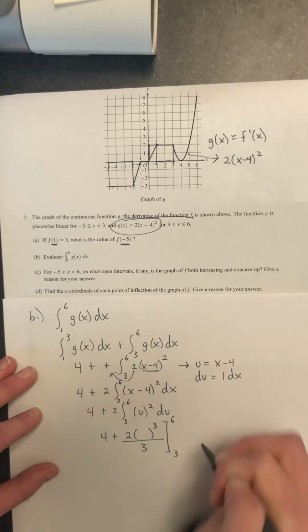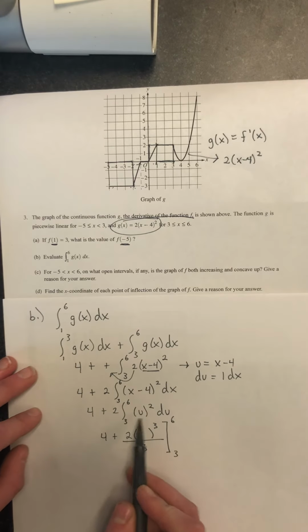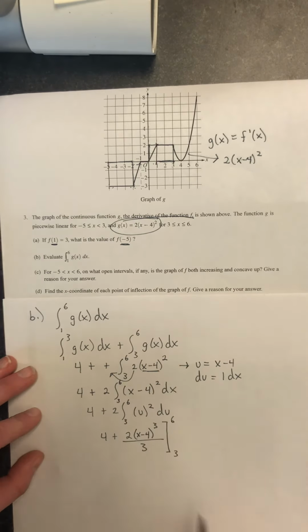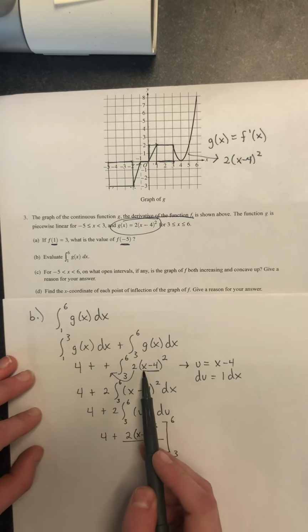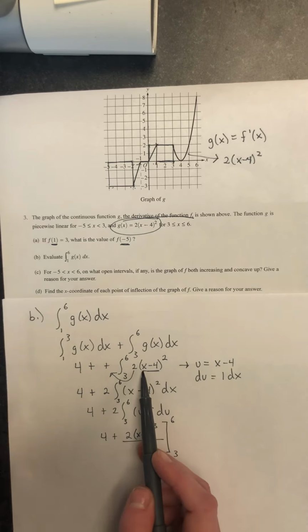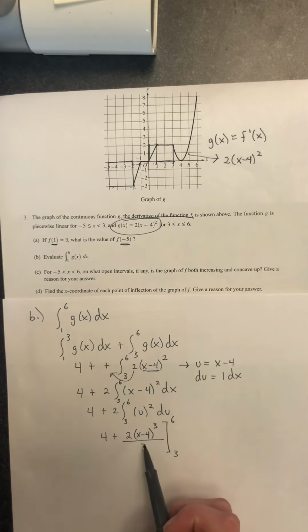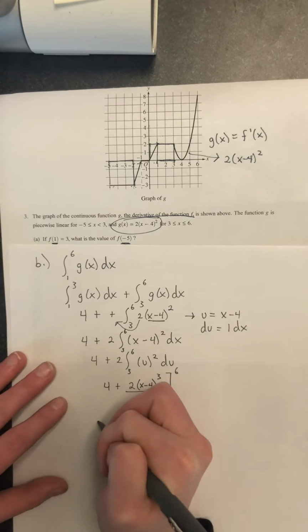Pardon me skipping a step here, but I am going to replace u, which is x minus 4. Hopefully you can see it was the same thing as taking the integral of x squared, which is x cubed divided by 3, except it's x minus 4. So from there, we're just going to evaluate.